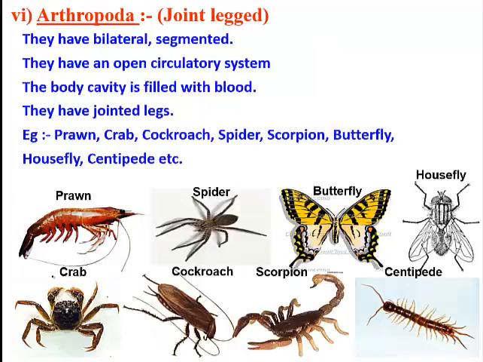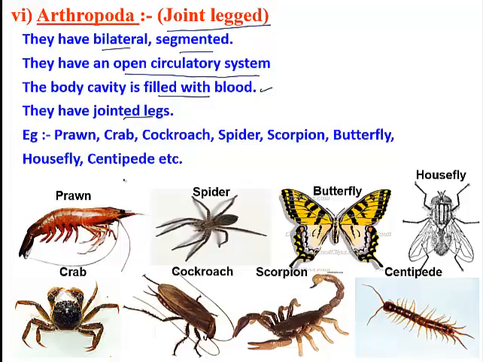Next is arthropods, one of the largest groups of Animalia. They have the basic feature of jointed appendages. They are bilateral, segmentation is also found, and an open circulatory system can be seen here, and the body cavity is filled with blood. They have jointed legs.